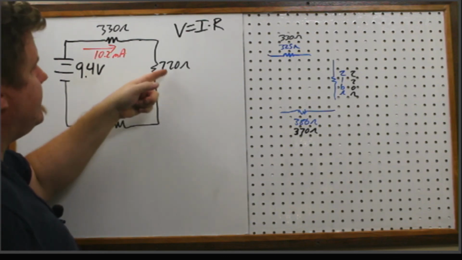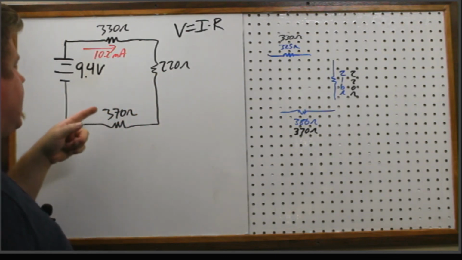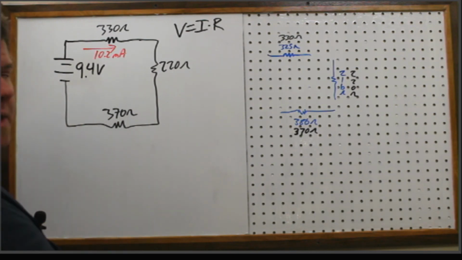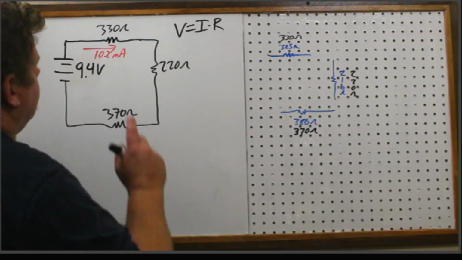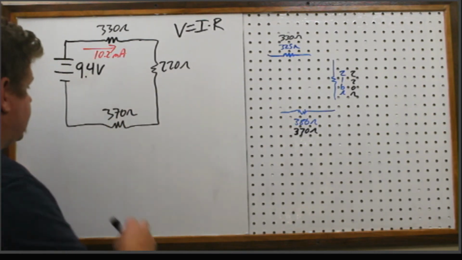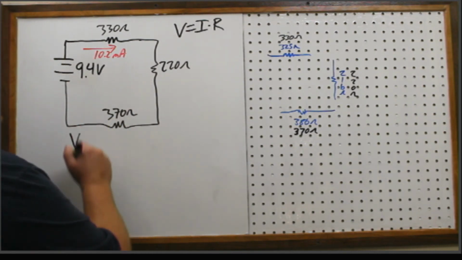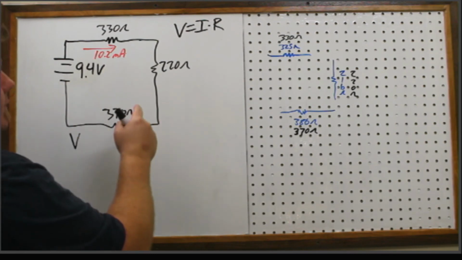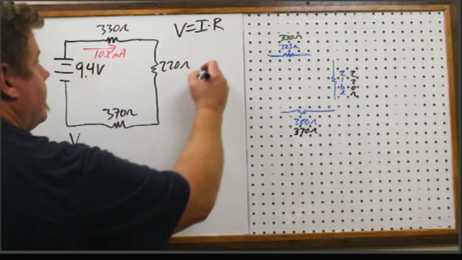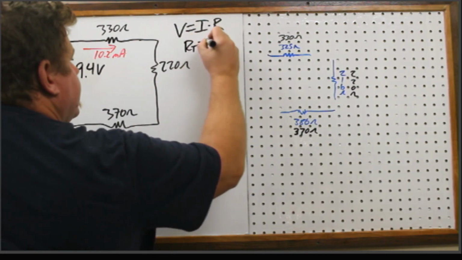The current times this resistance is a voltage drop, and the current times this resistance is a voltage drop. Those will all add up to 9.4 volts, okay? However, I don't want to use this right now. I want to work on my voltage division skills. So I say the voltage of the, and what was the, I erased it, it was 920 ohms. So we need that information if we're going to do voltage division.